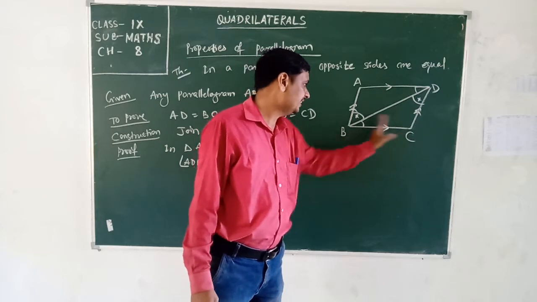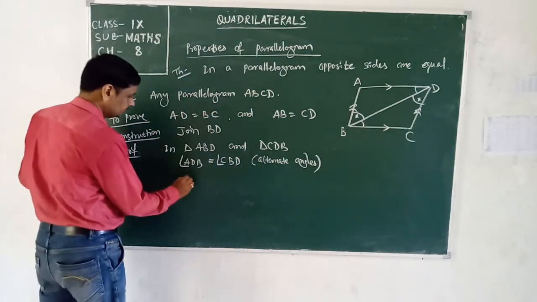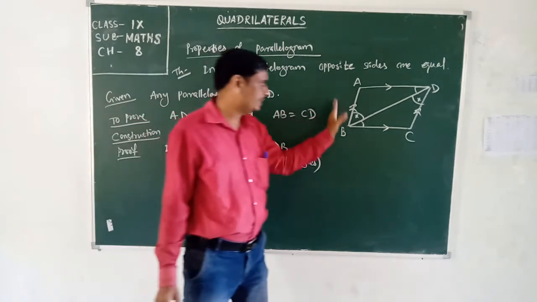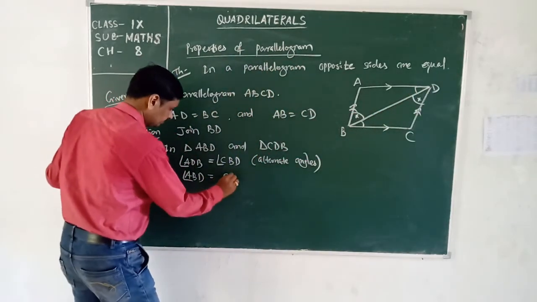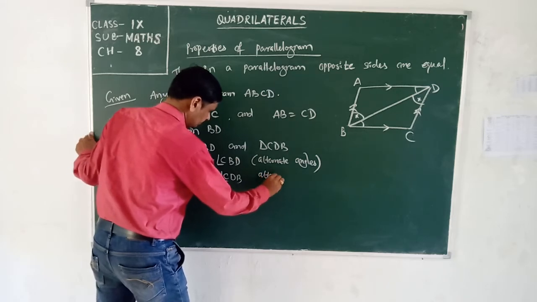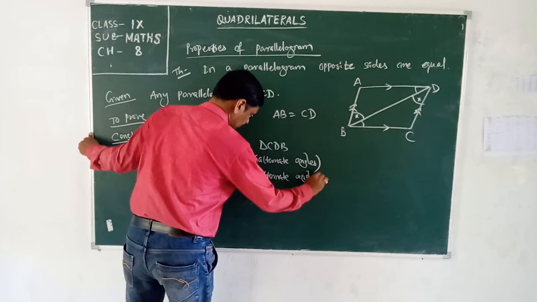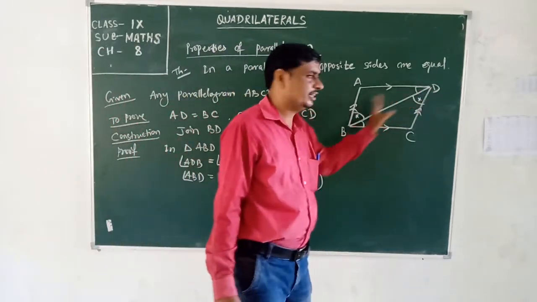Angle ADB and angle CBD are both equal. Similarly, angle ABD and angle CDB. And BD is equal to DB.